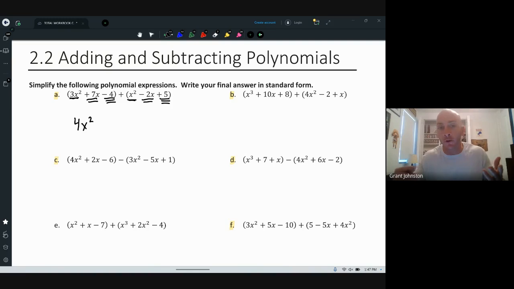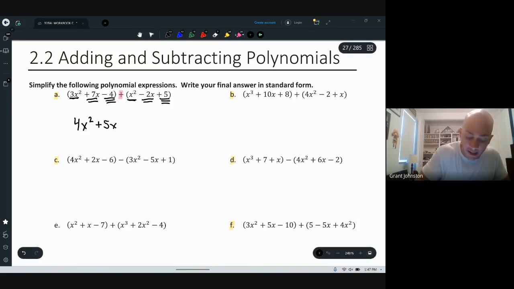I did the x squareds first because we want it in standard form, so we want the biggest exponent to come first. Next, we have 7x plus a negative 2x. Well, 7 plus negative 2 is 5, so 5x. And remember that we're adding. This is an addition problem.